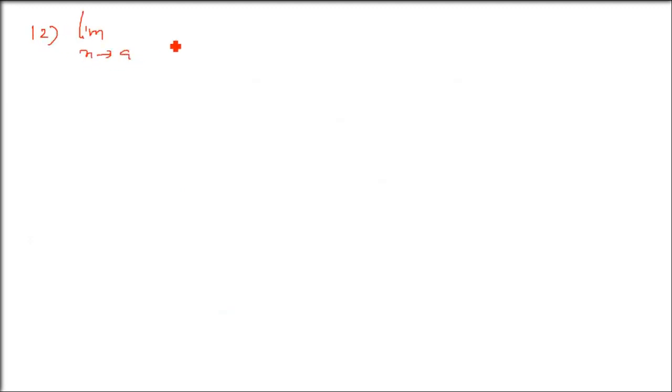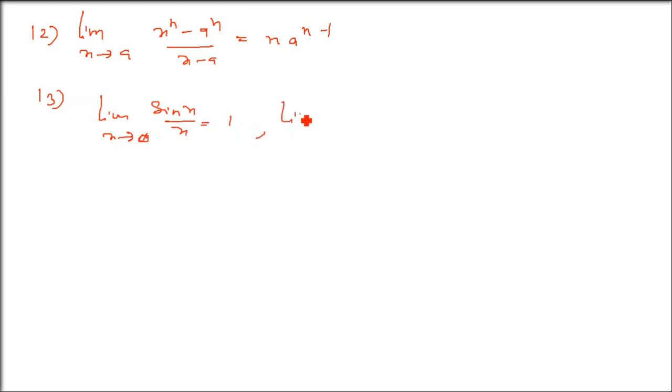The 12th one is the limit as x tends to a, and this we are going to use multiple times. In fact, for the first derivation we are going to use this: (x^n − a^n)/(x − a) equals n a^(n−1). Now we have sin x. Limit x tends to 0, sin x by x equals 1. That is, limit x tends to 0 or θ tends to 0, sin θ by θ equals 1. You can also have this kind where x is not equal to 0 but x is tending to a.